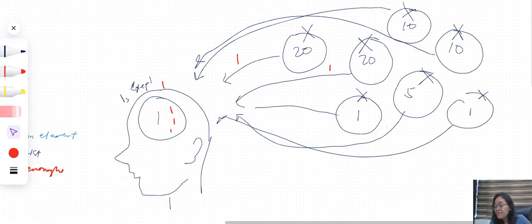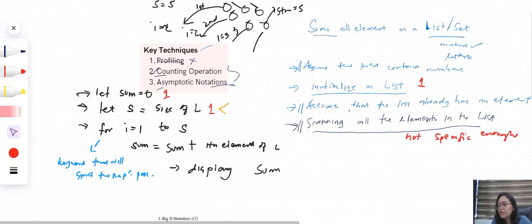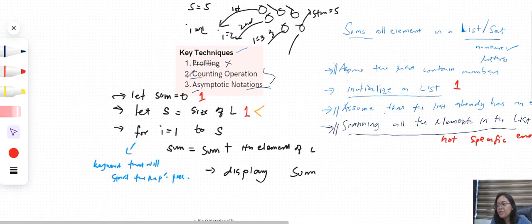So, it's the same here. So here for I equals to 1 to S, there's always a test at the end to check if I have reached the bound of S or have exceeded S. Right? So technically, this process here will occur S times plus 1.